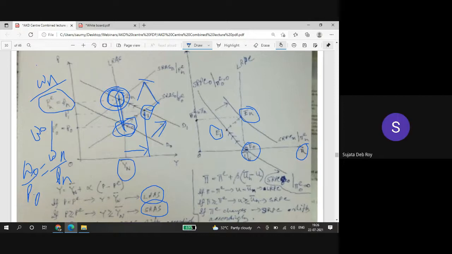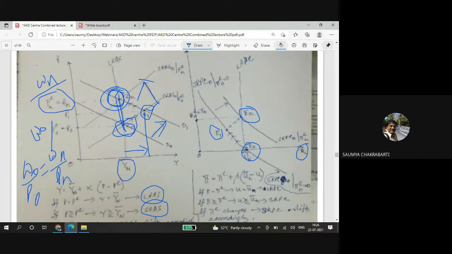Sir, that means there is a movement directly from E naught to EN, not to E1, even in the short run. And there is no existence of E1. No, there is no existence. The trade-off completely vanishes. And that is the famous policy irrelevance result.